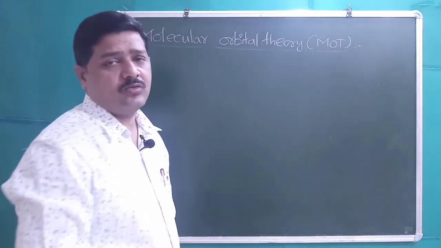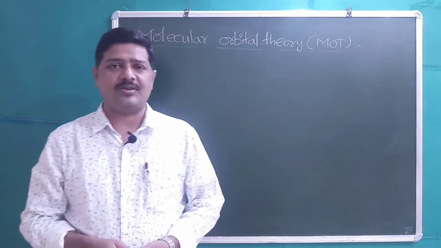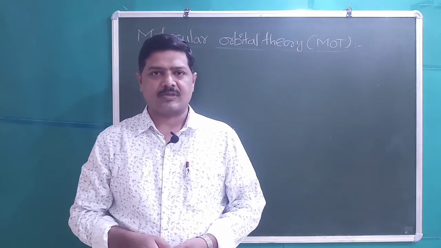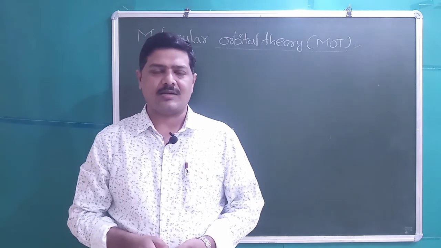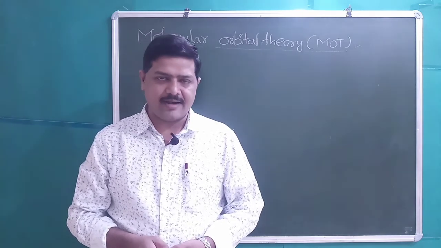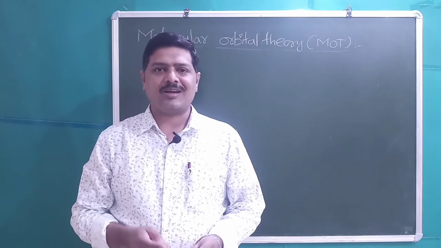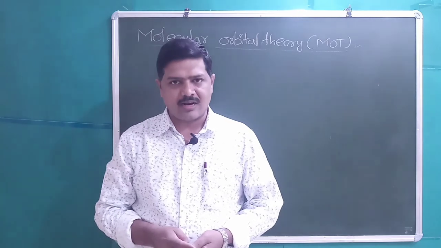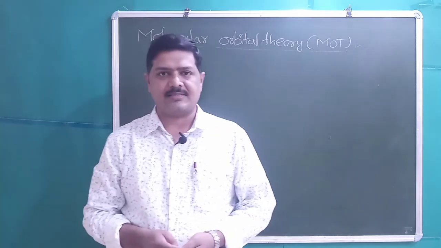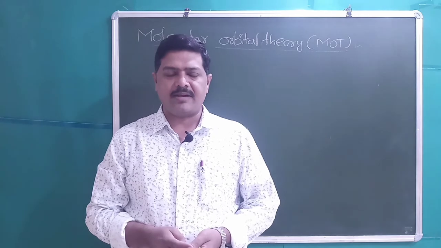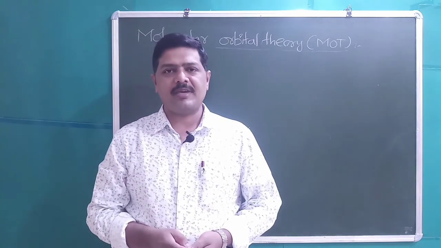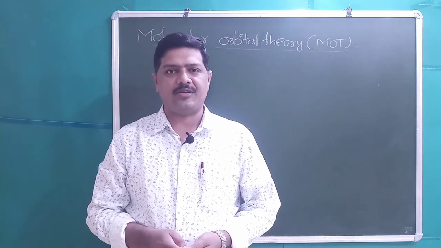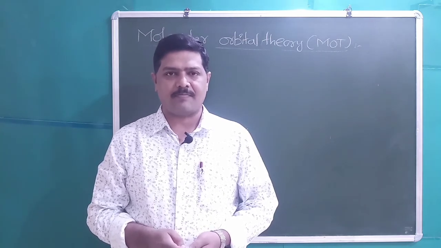Students, when two atoms combine to form a molecule, atomic orbitals lose their identity. For example, in a hydrogen molecule, before the two hydrogen atoms combine, the electrons are present in atomic orbitals. When the two atoms combine to form a molecule, the atomic orbitals lose their identity and the electrons of the molecule are present in molecular orbitals.